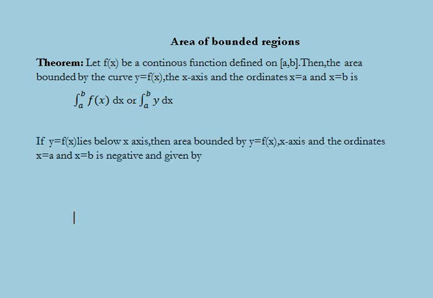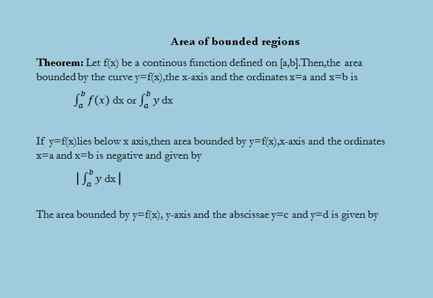And if the curve y equal to f(x) lies below the x-axis, then the area bounded by the curve y equal to f(x), the x-axis and the ordinates x equal to a and x equal to b is negative, and so the area is given by the modulus of the integral of y with respect to x from a to b.